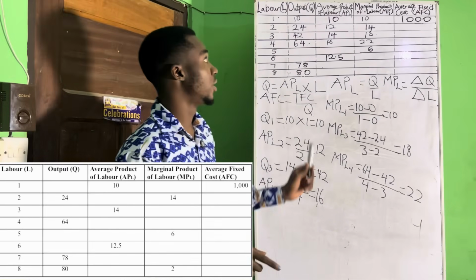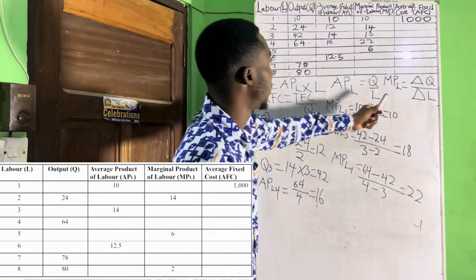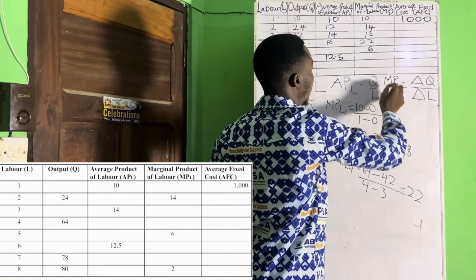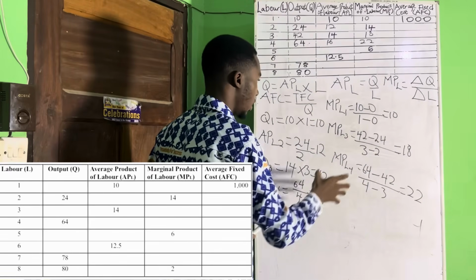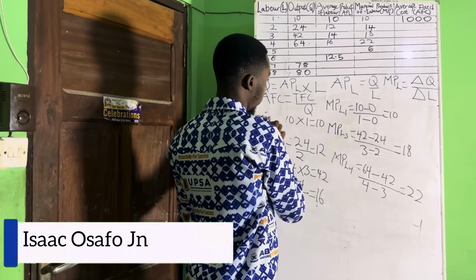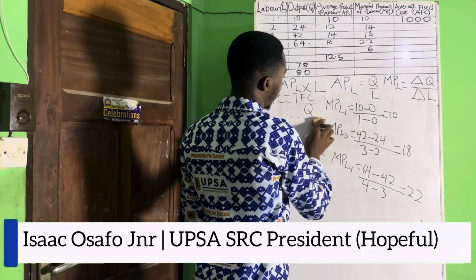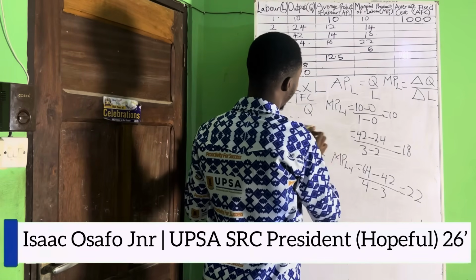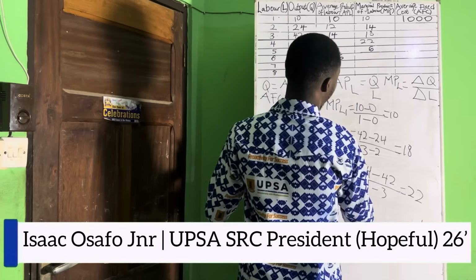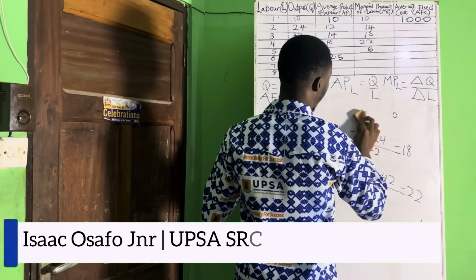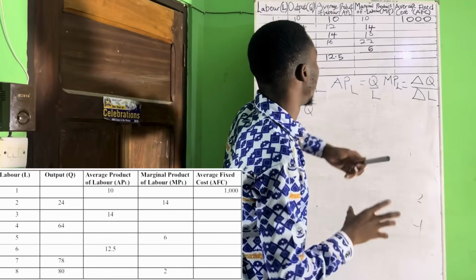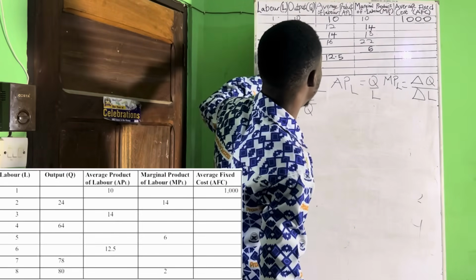We just said that MPL, where's the formula for it? So MPL is the change in quantity over the change in labor. You get it? So our MPL, we've got it to be 6. Let me clean this part since we are done with it. Now take a look at something. We just got our marginal product of labor for 5 to be 6.